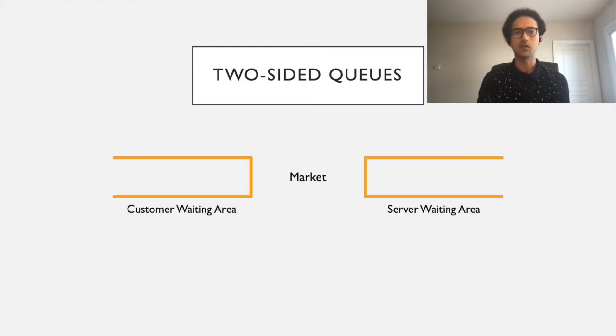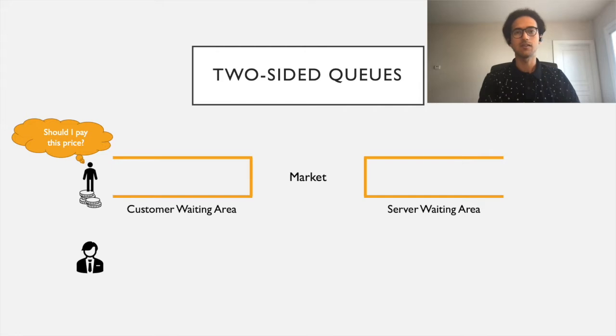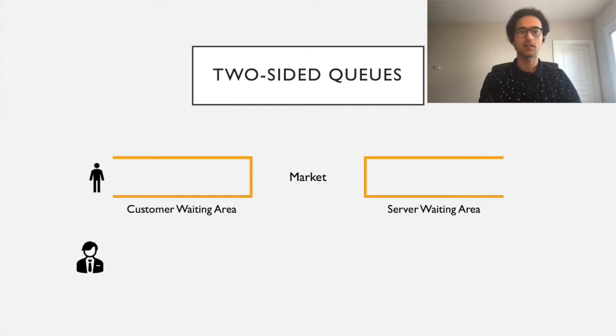A two-sided queue mimics a two-sided market of customers and servers. To illustrate, consider that a customer arrives into the system and the system operator quotes a price to the customer for the offered services. Depending on how the customer values the service, it will either reject the offer and leave the system, or accept the offer, pay the quoted price to the system operator and join the queue waiting to be matched.